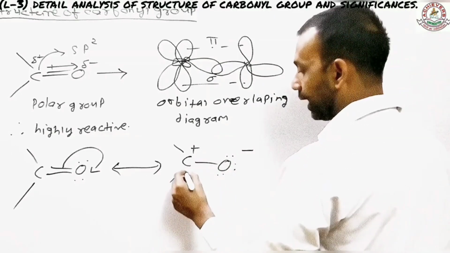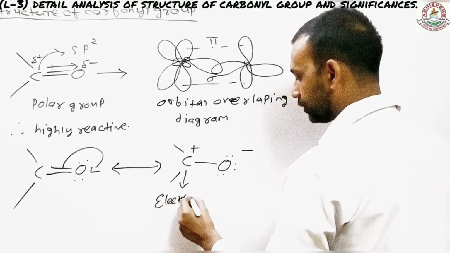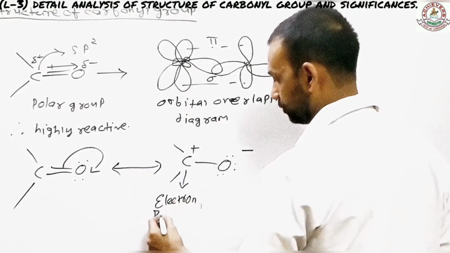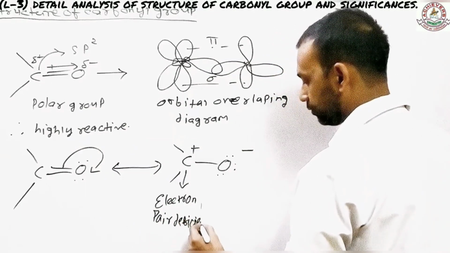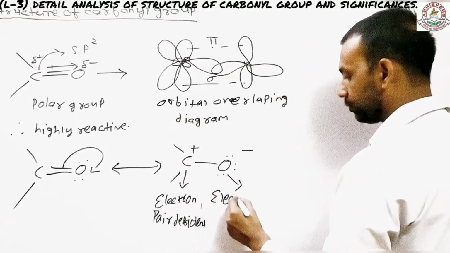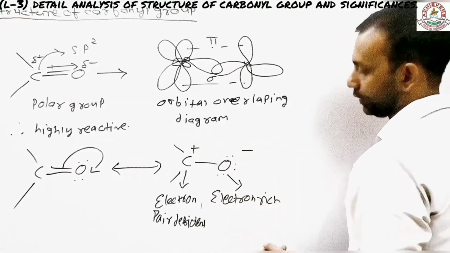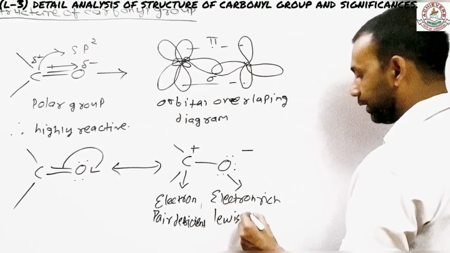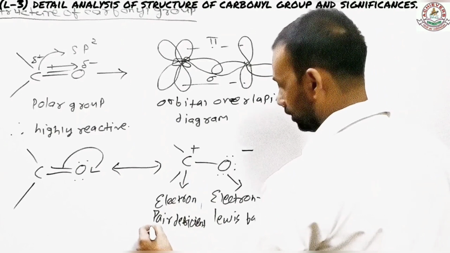So carbon acts as an electrophile, or I should say electron pair deficient, while this oxygen acts as electron rich. Being electron rich, this is a Lewis base, and being electron deficient, this is a Lewis acid.